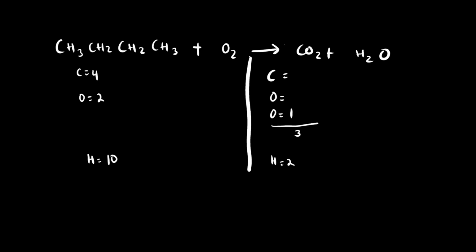With a coefficient of 4, we have 4 carbon on the right and 8 oxygen as part of carbon dioxide on the right hand side. So total, now instead of having 3 oxygen, we have a total of 9 oxygen on the right.